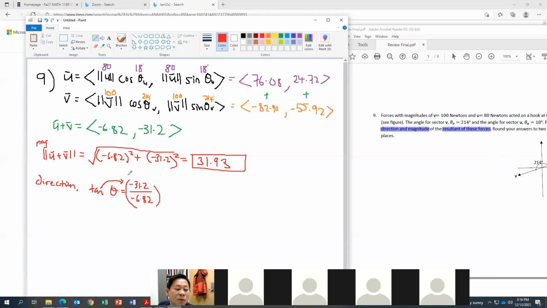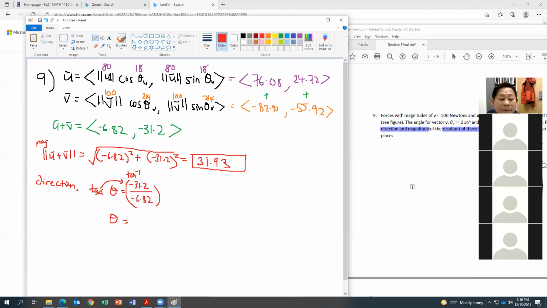So please also use your calculator to find what the direction is here. And you will get a common mistake students make on my test. So this came out to be what, in degrees?